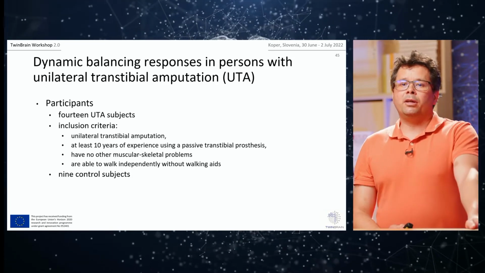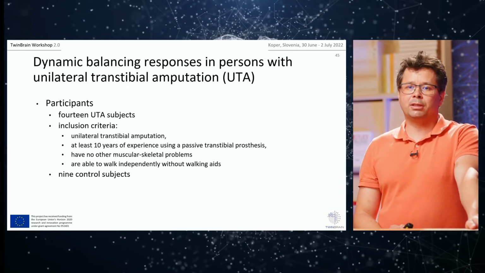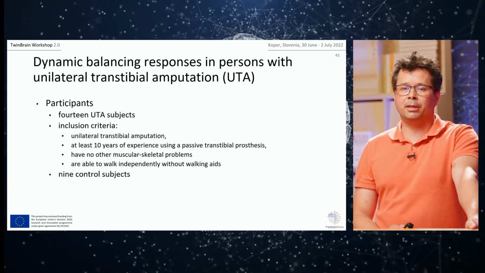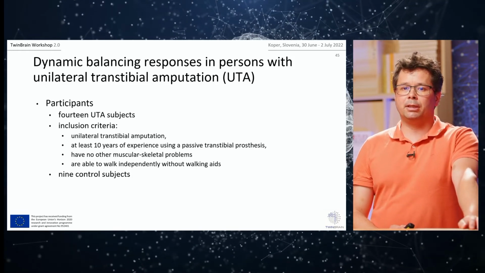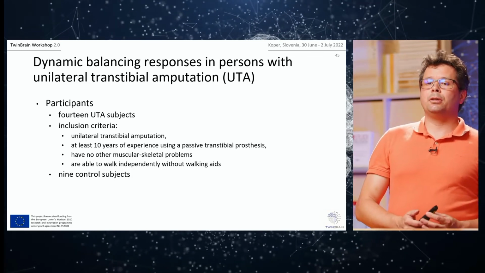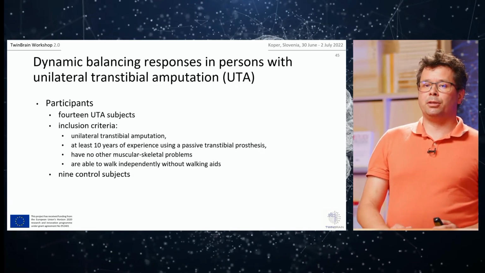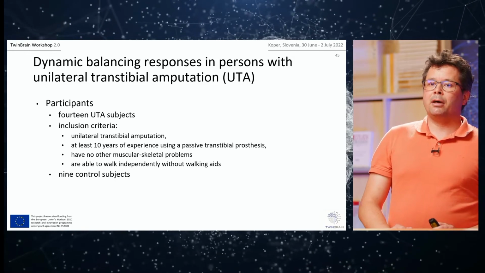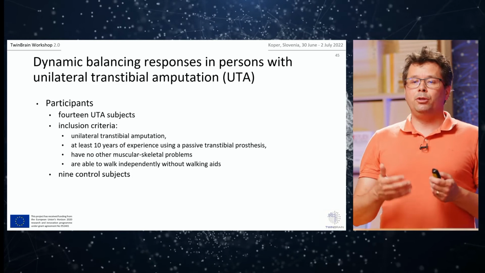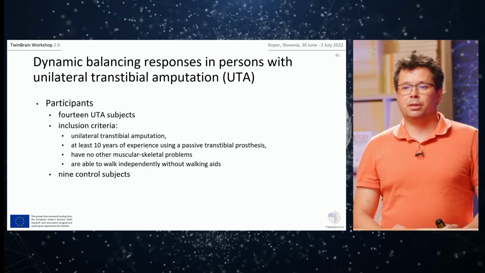So we invited 14 subjects that participated in this study. The inclusion criteria were that they have a unilateral transtibial amputation, and have been using their passive prosthesis for a long period of time.